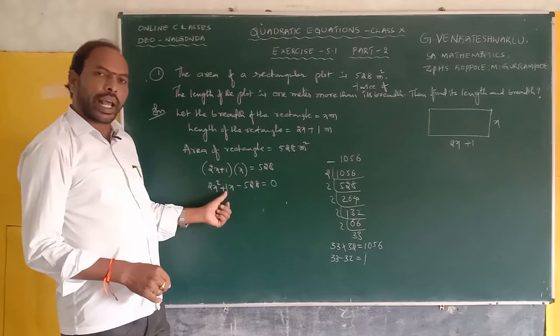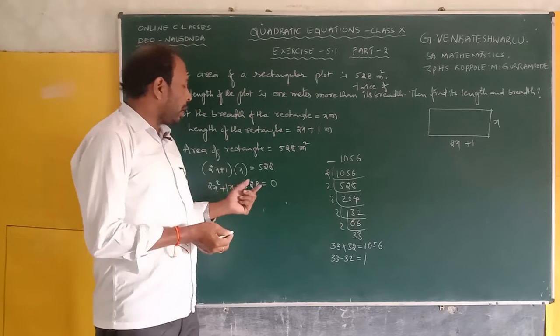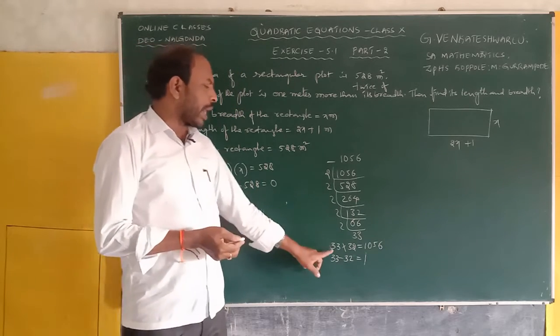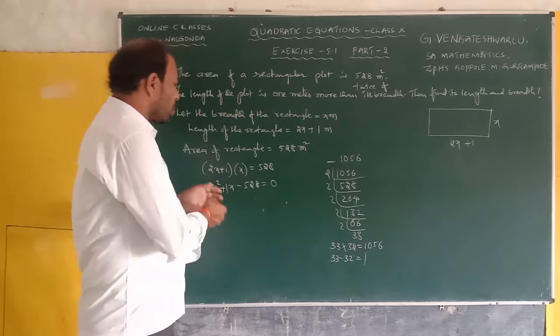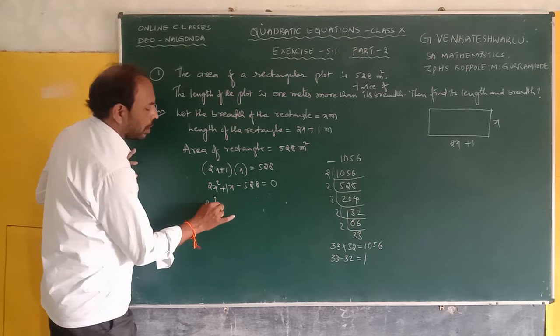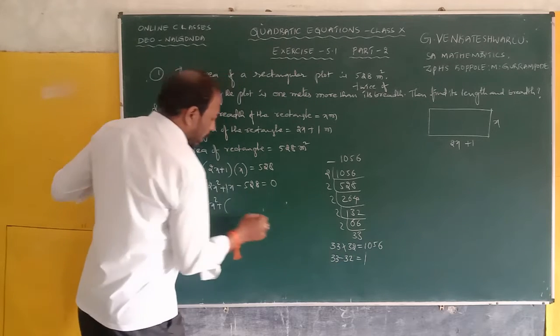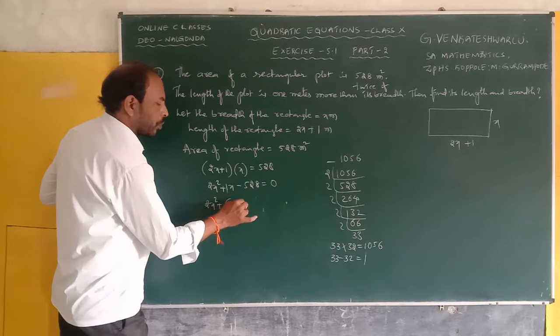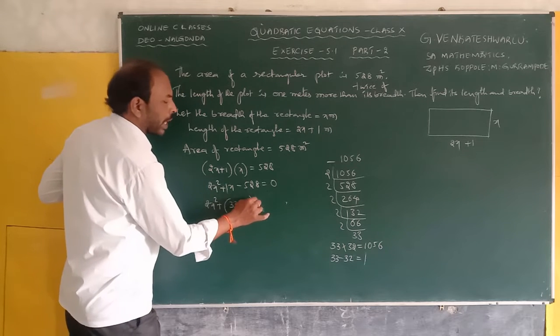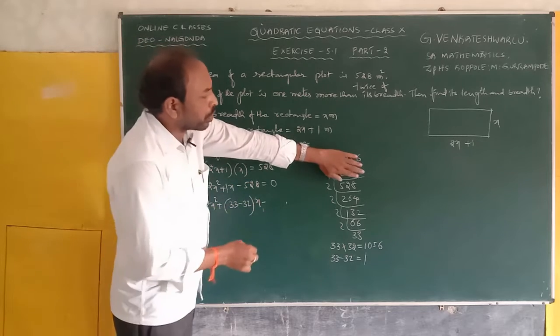So 1 is written as 33 minus 32, and 528 is written as 33 into 32. So splitting into factors, look here, 2x square plus 1x is written as 2x square plus 33 minus 32 into x minus 528. What about the 528?